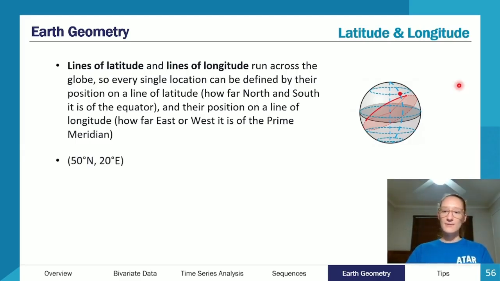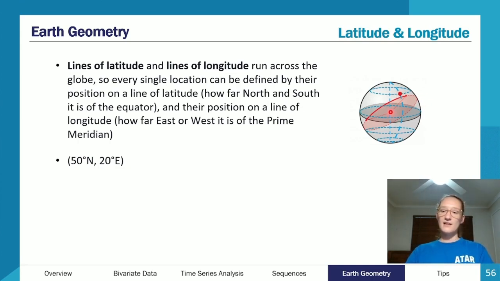This one, for example, I've said is about 50 degrees north, whereas in reality that's probably more like 75 degrees north, and about 20 degrees east. So you can see how the overlap between latitude and longitude is how we get our coordinates. That's really cool to be able to see visually.